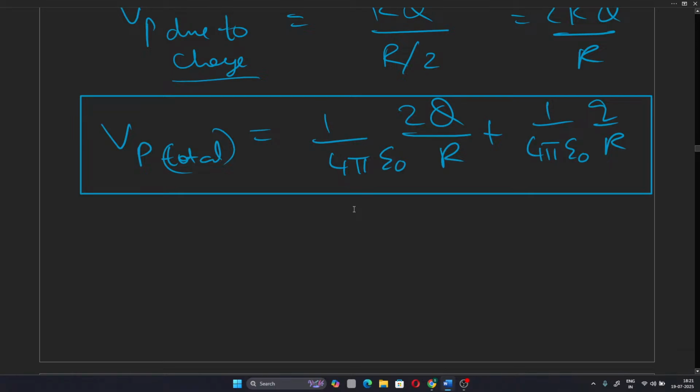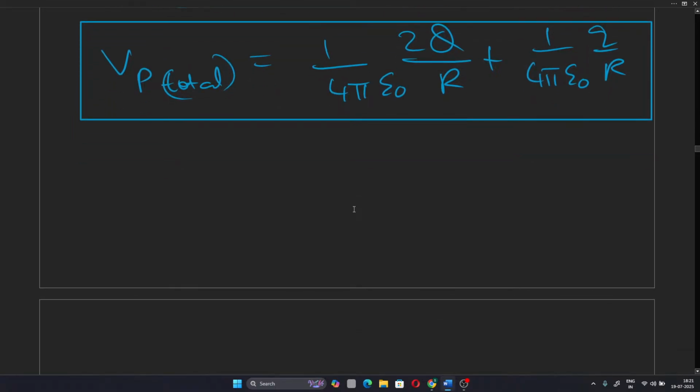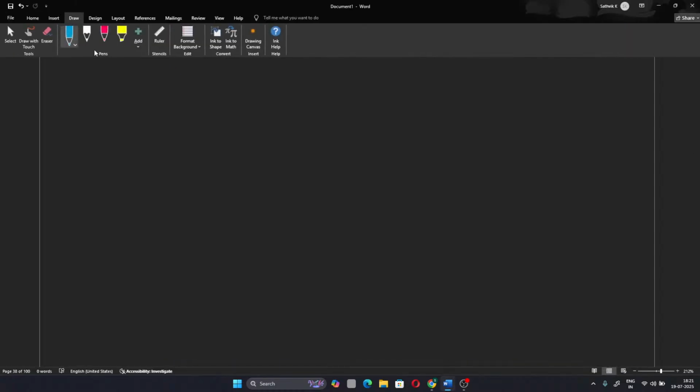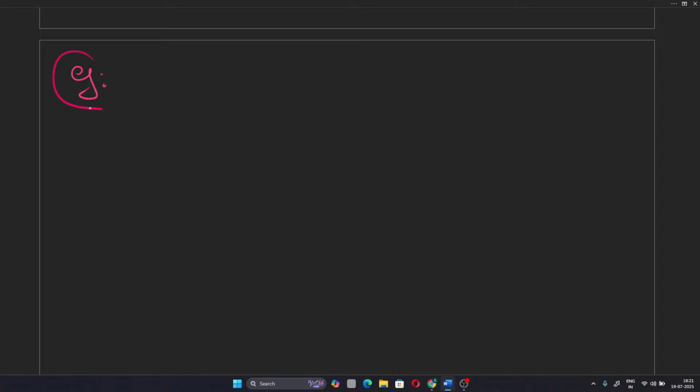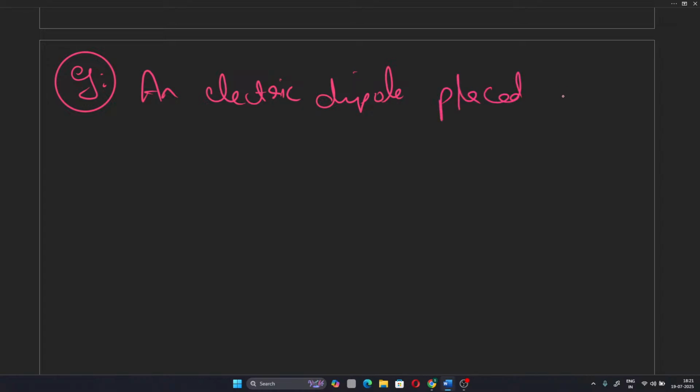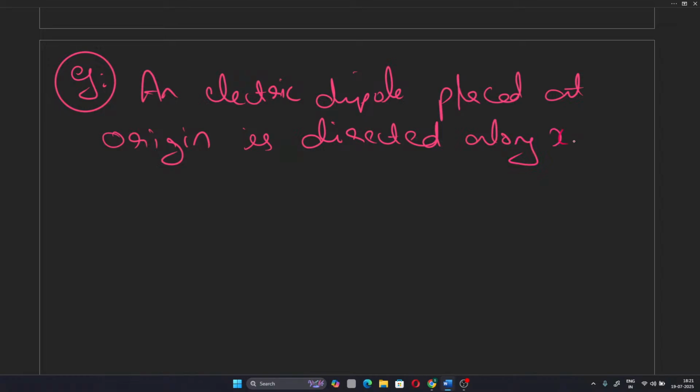Now let's go to the next question. An electric dipole placed at the origin is directed along the x-axis.